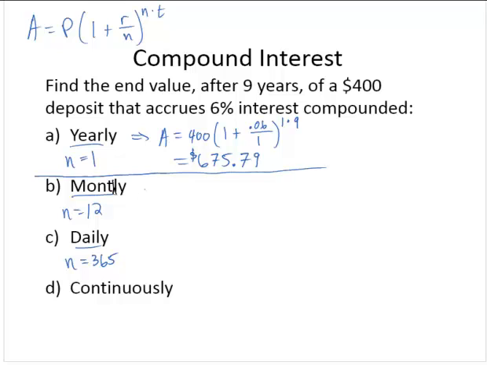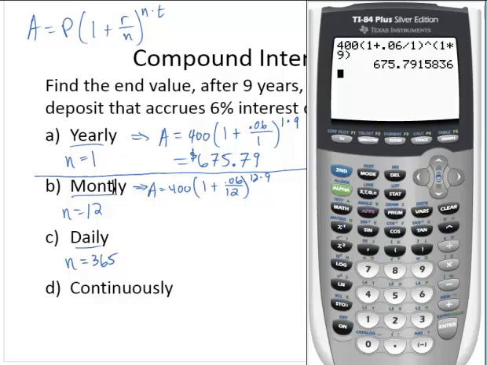So now for the monthly, we would have A equals 400 times 1 plus 0.06 over 12 raised to the 12 times 9 power. And so notice I can just adjust what I did in the previous exercise.